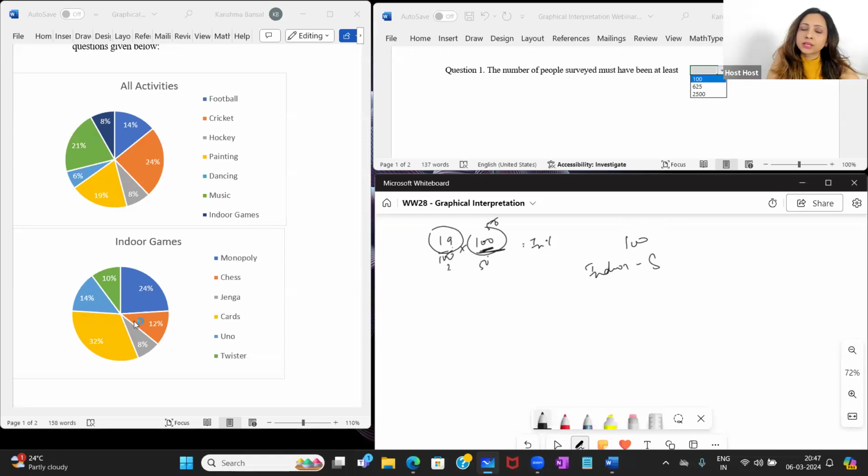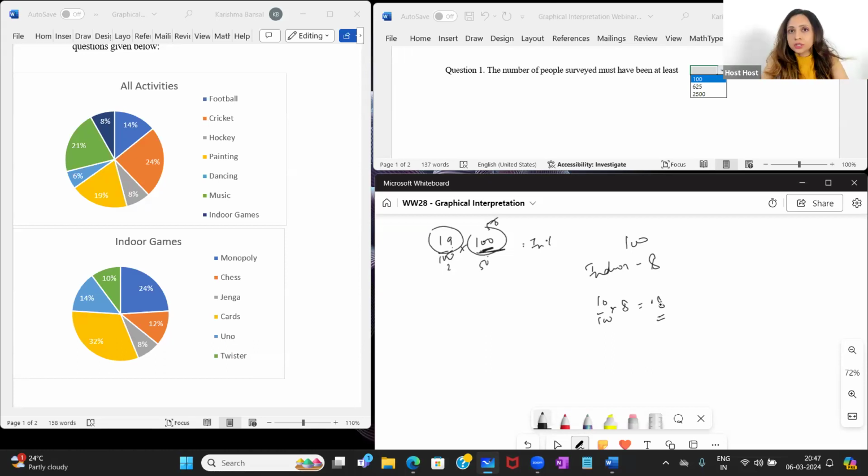Now, let's come to the indoor games chart. So 10% of the people who liked indoor games said that they like Twister. So 10% of 8, these people liked Twister, but that gives me 0.8. Now, I can't have 0.8 people. The number of people has to be an integer, and everything over here is an exact value.